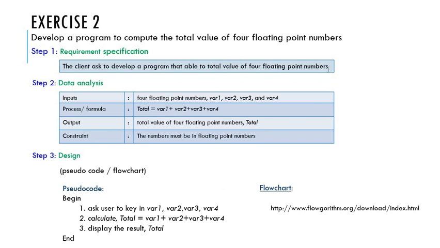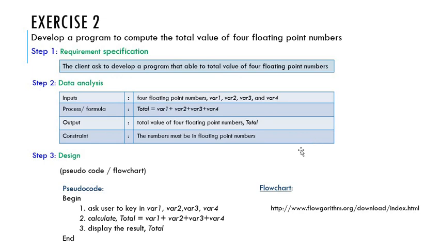So maybe you can try to draft the flowchart for exercise 2 by using Flowgorithm, or you can use Microsoft PowerPoint symbols, or you can use Microsoft Word symbols. There is another software you can use, which is Microsoft Visio.